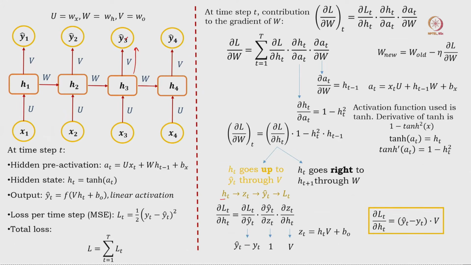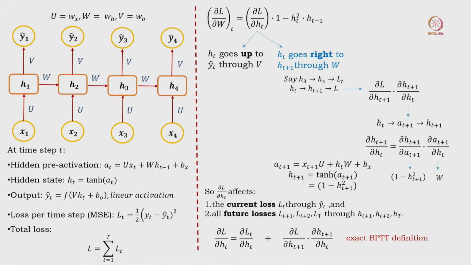First it reaches the summation, denoted as Z_t at a particular time step, then you get a predicted value of that time step, and then the loss at that current time step. Substitute the values and you get the formula for the impact of the loss which is going up.